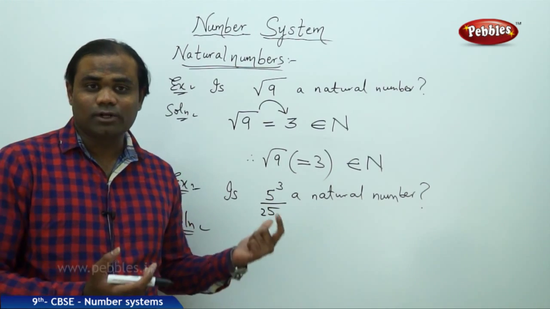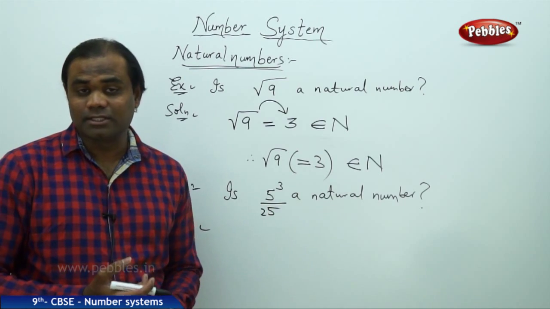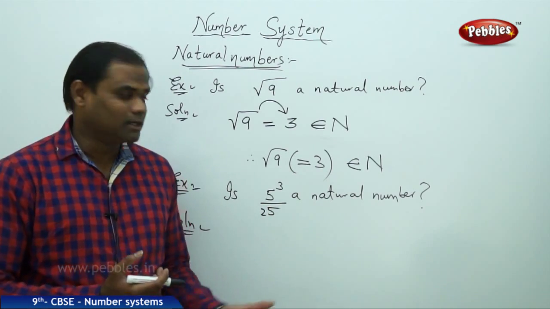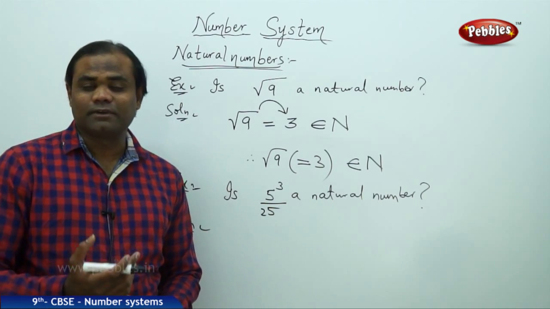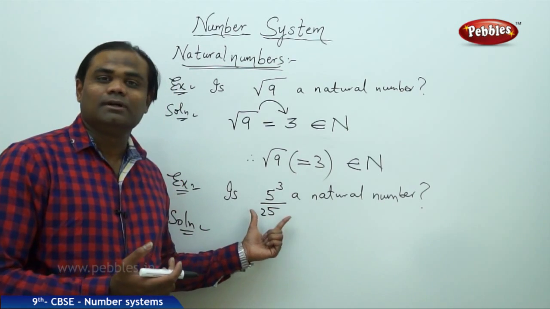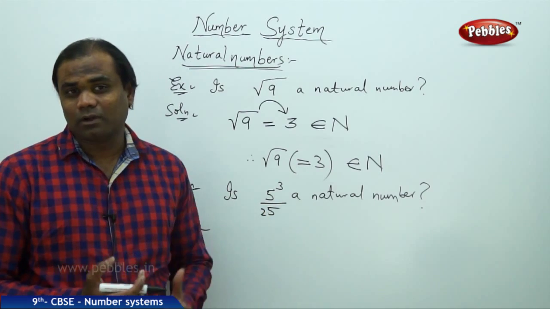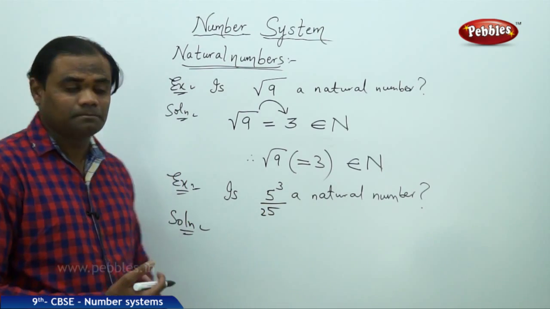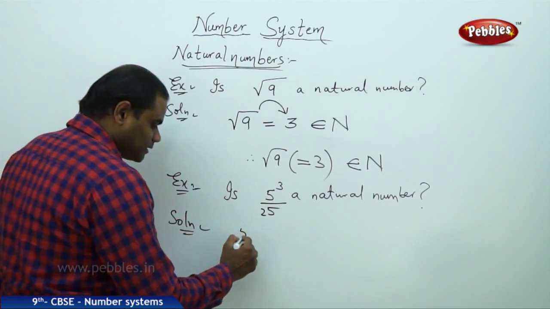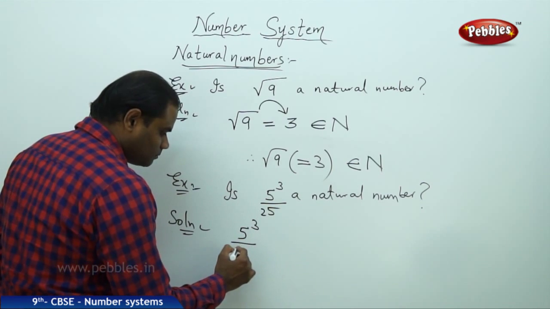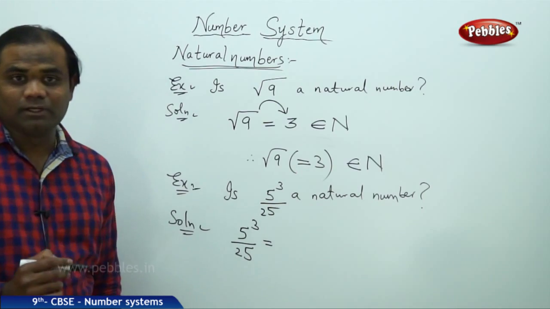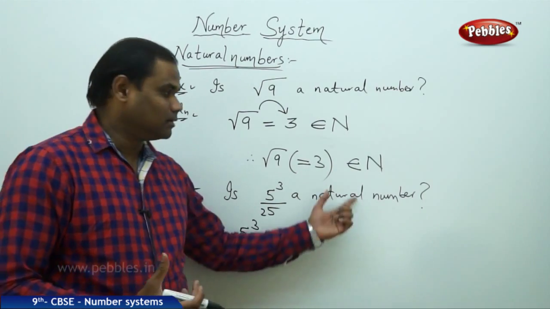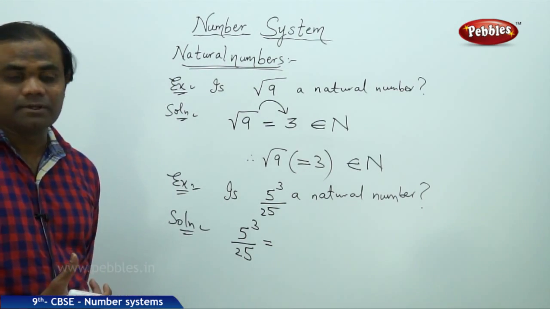So the first thing I do is I try to reduce this to the most simplified form, and then I get to identify the final justification of whether this number is a natural number or not a natural number. So let me take the given problem 5 cube by 25, and let me try to simplify this further and then justify on this natural number concept.